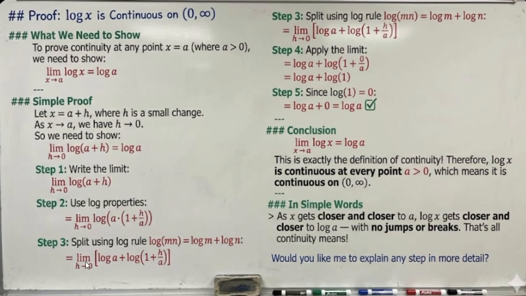This becomes the limit of log a plus log of 1 plus h by a as h tends to 0, which becomes log a. The left-hand side value becomes log a. Therefore, by the definition of continuity, log is continuous at every point a greater than 0. These are the basic things we should understand before going further.